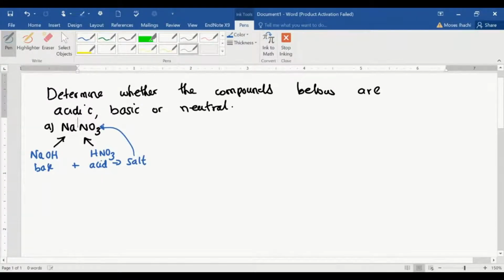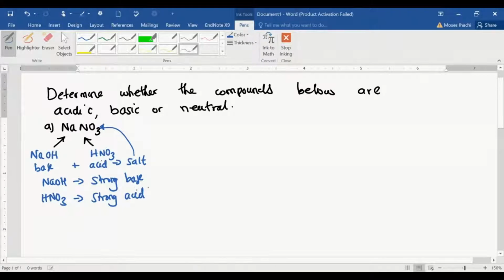Now, you should see that sodium hydroxide is indeed a strong base. Nitric acid is indeed a strong acid.